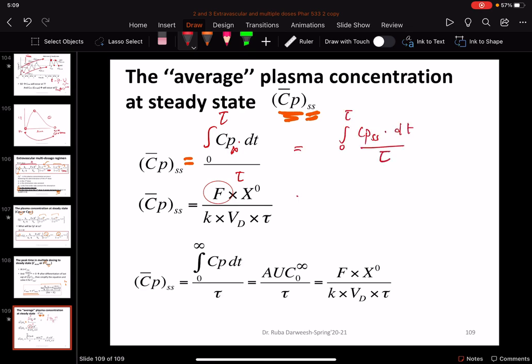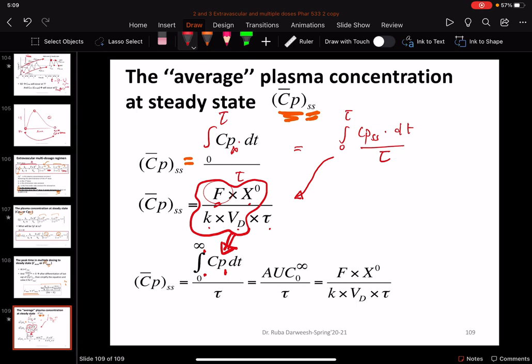If we do the integration, we will have it equal to F multiplied by the dose over K Vd multiplied by tau, and this was also the same as the integration from 0 to infinity of the single dose.